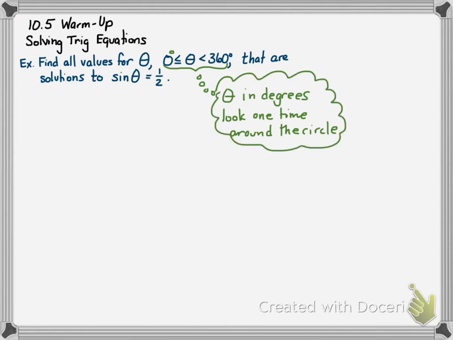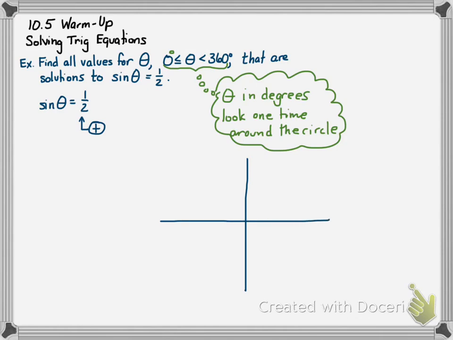Okay, so now let's take a closer look at sine of theta equals 1/2. The first thing I notice is that we're trying to find an angle theta somewhere between 0 and 360 degrees, and the output that I have is positive. What that tells me is that I want to look for angles in quadrants where sine is positive.